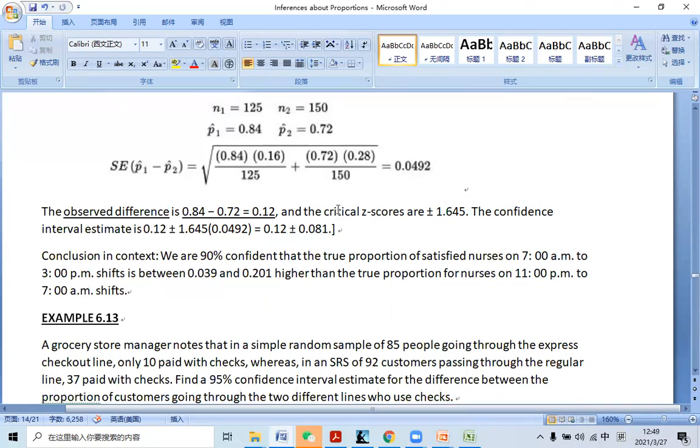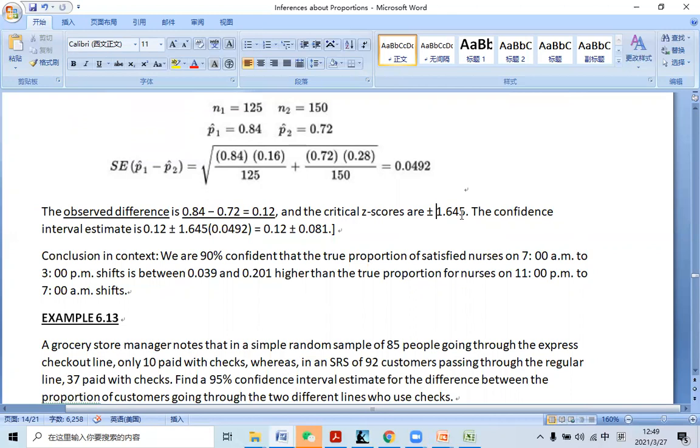So your critical z-scores are positive 1.645 and negative 1.645. Between these two z-scores, you will have 90% of the population.